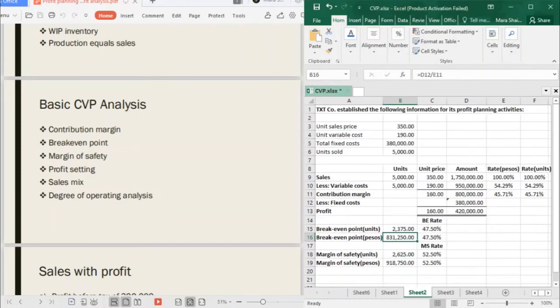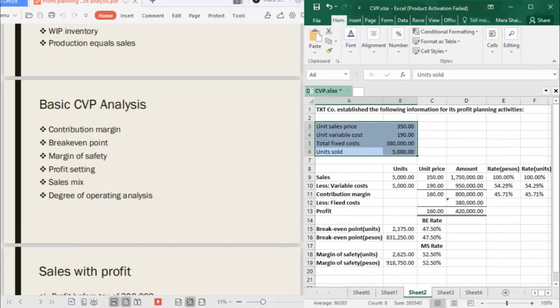We have this example right here. TXT company established the following information for its profit planning activities. So, you are given these data. So, let's highlight the data.